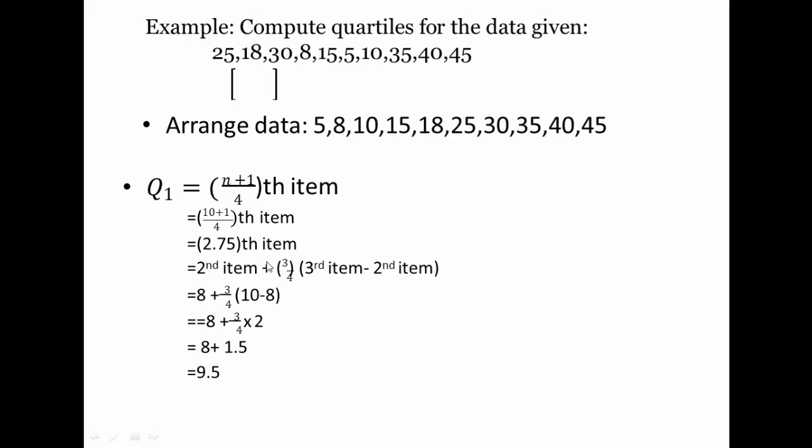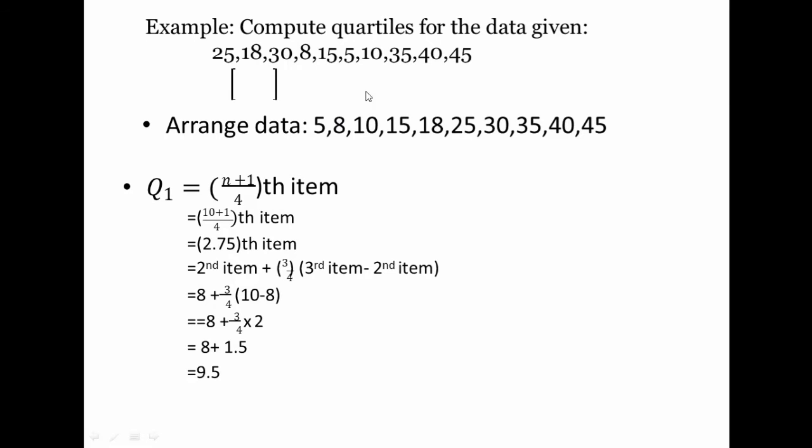So the second item is 8 and 3 by 4 into 10 minus 8. 10 minus 8 is 2, 3 by 4 multiplied by 2 is equal to 1.5, and 8 plus 1.5 is equal to 9.5.